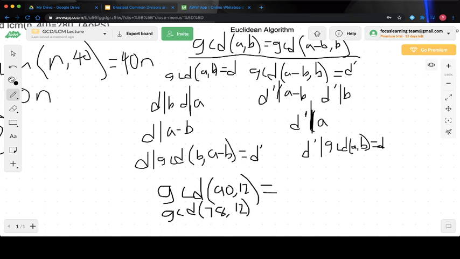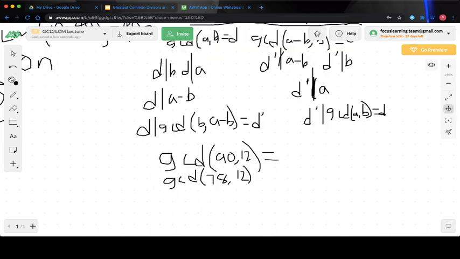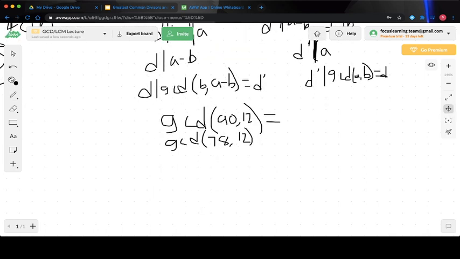But rather than subtract 12 each time, what we can do is subtract 90 by a multiple of 12. Notice that 12 times 7 equals 84.